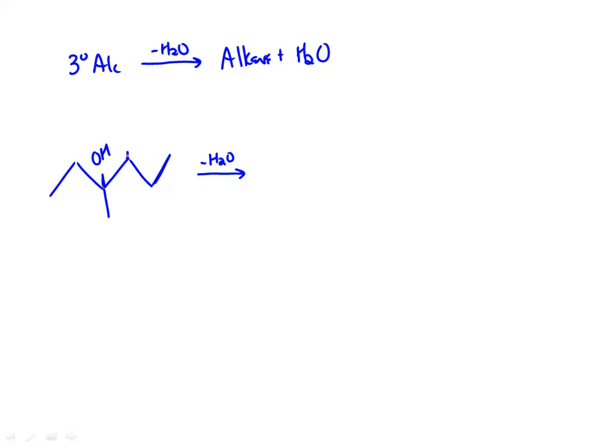Yeah, see, I can remove this hydrogen, I can remove this hydrogen, and I can remove that hydrogen. And so I can actually make 3 different places for the double bond, because I made a very unsymmetrical molecule.